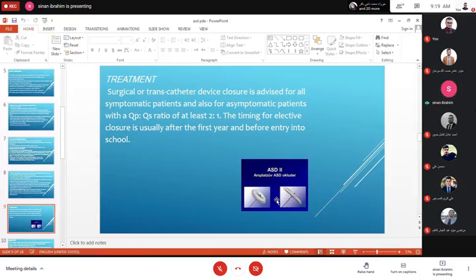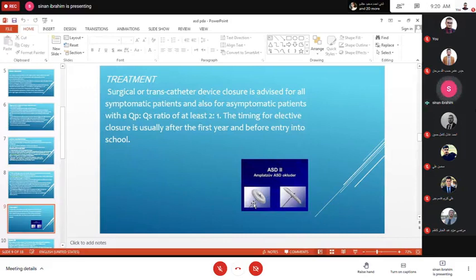This occluder is made of stainless steel and has the ability to go inside the catheter, and when we open it, it takes this shape. It has the ability to turn into this circular shape. So it opens and will close the interatrial septum, and it will be completely fibrosed and incorporated with the septum within 4 to 6 months.